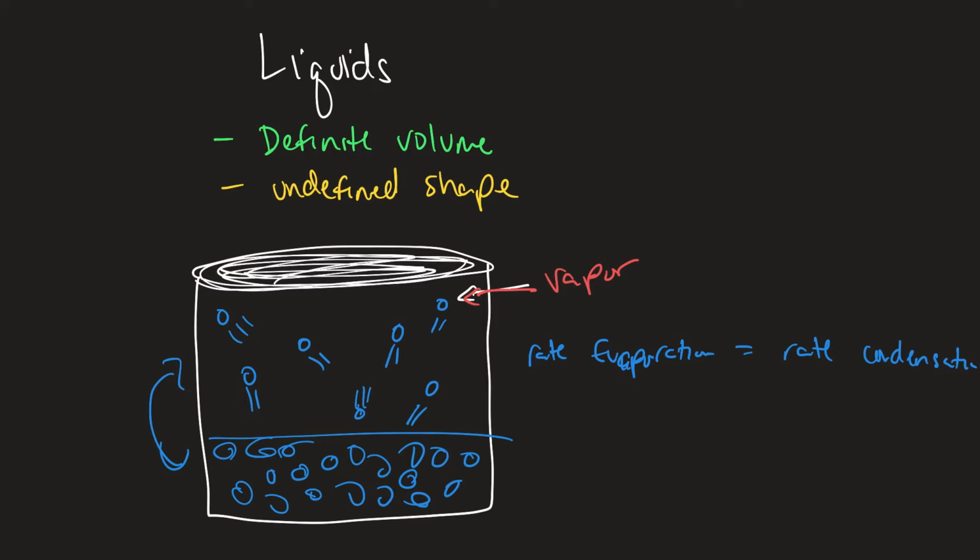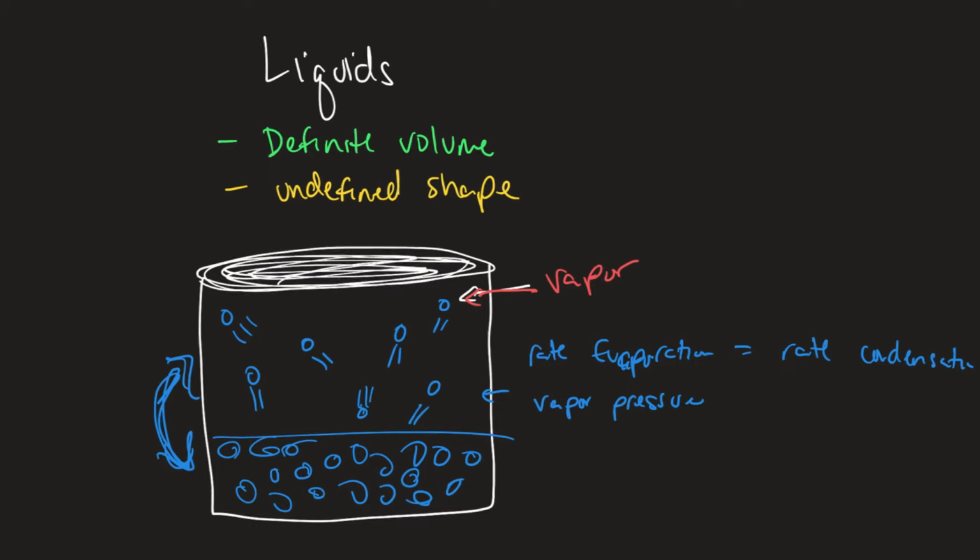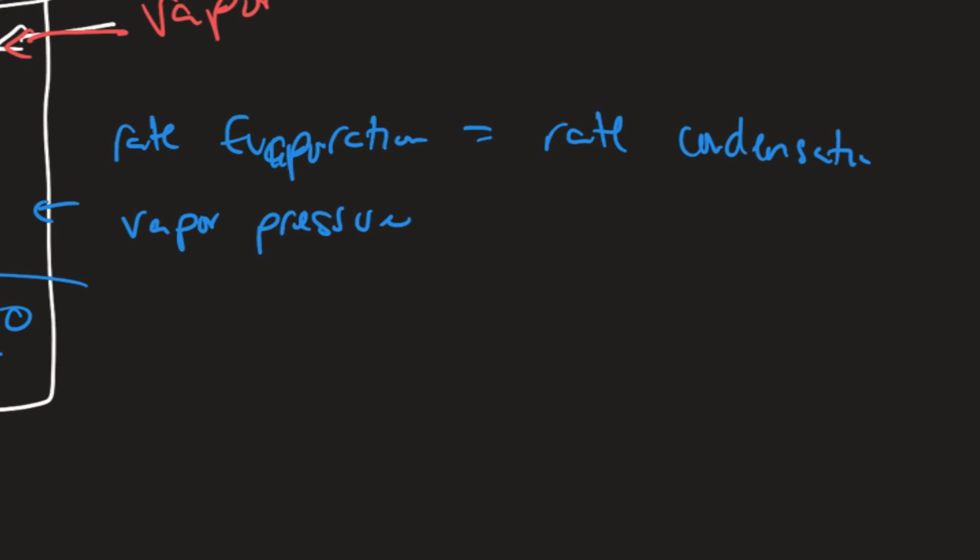When the rates of these two going back and forth are the same, then the vapor pressure, the amount of vapor within this closed container, is constant. Vapor pressure is basically the partial pressure of the vapor molecules in equilibrium within a container.